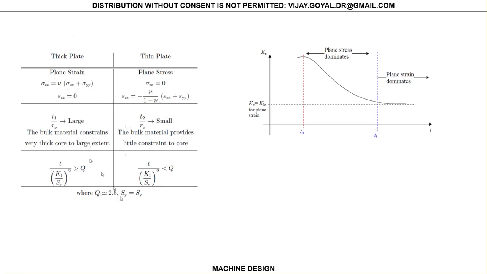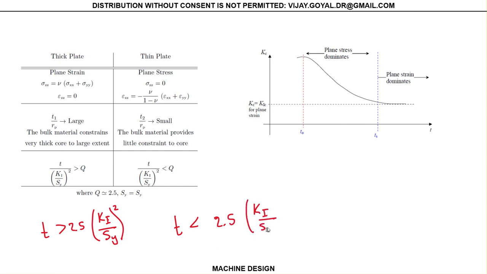So basically, your thickness T is bigger than 2.5 times (KI divided by SY) squared. To be considered thin, it has to be less than 2.5 times (KI divided by SY) squared.